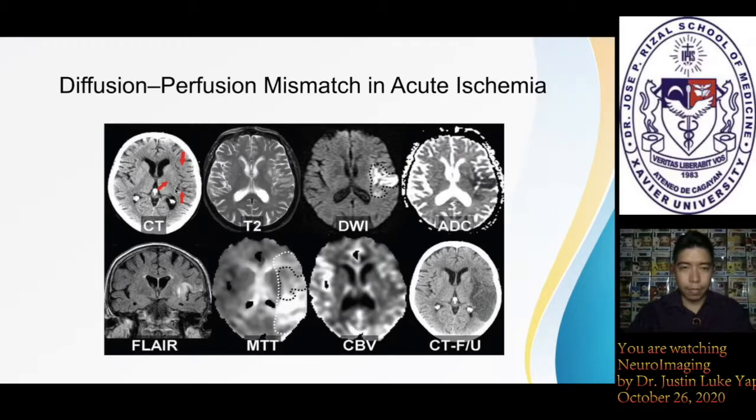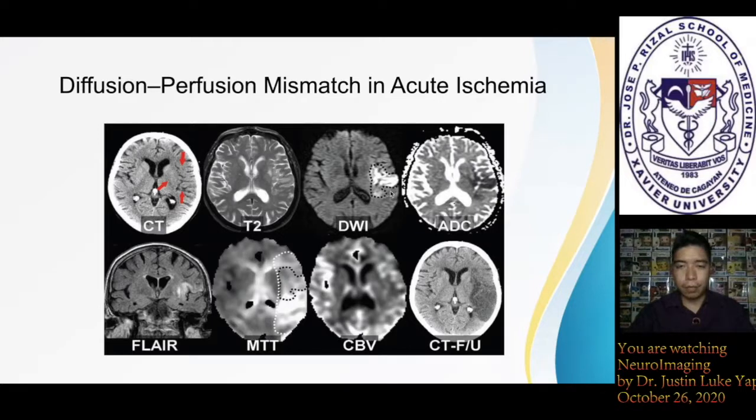Sometimes it can be missed because, again, the finding is not yet very clear. On T2, you can see a relative hyperintense region here in the left parietal lobe.